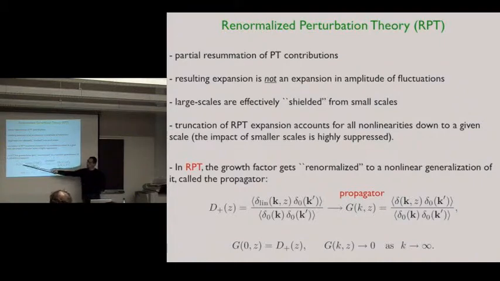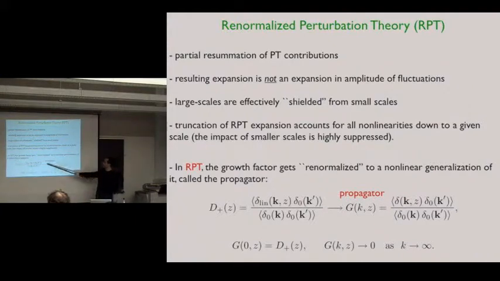You can always write the growth factor as the cross correlation between the initial perturbations and the final perturbations at the redshift you are looking at, evolved in linear theory, and then divide by this normalization. Okay? So if linear theory holds, this is just d0 times d plus, so this is correct.